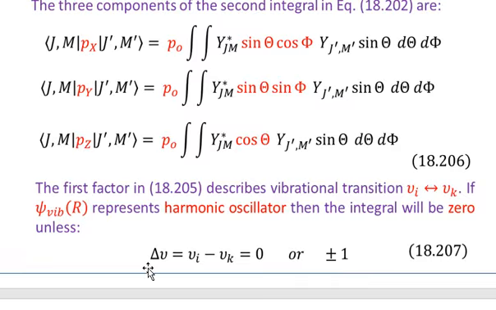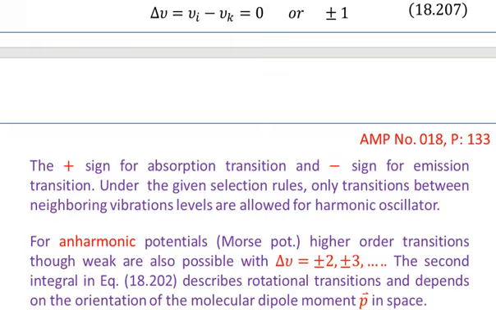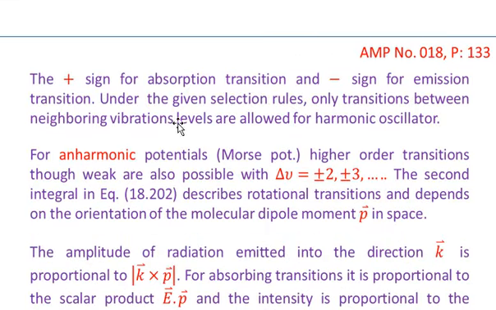If you put this constraint on the change of the vibrational quantum number delta V, then you can calculate the values for the harmonic oscillator, otherwise the integral will be 0. The plus sign is for the absorption transition, the negative sign for the emission transition. Under the given selection rule, only transitions between neighboring vibrational levels are allowed for a harmonic oscillator.